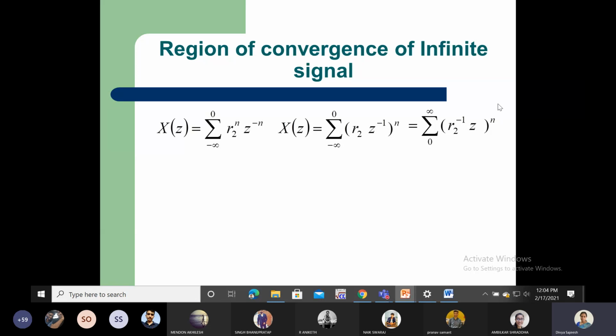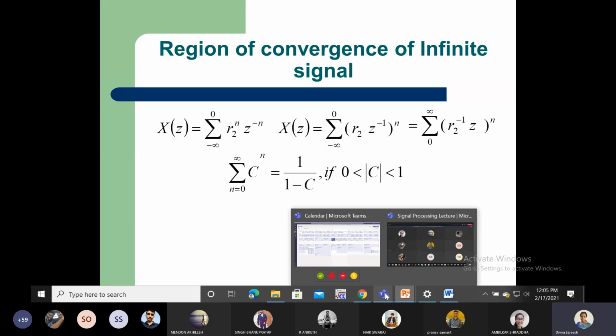So why am I changing it? To apply the geometric sum series formula. For that purpose I am changing the limits from minus infinity to 0, to 0 to infinity. So you can observe the changes happening for the terms inside. If I apply the formula, summation n equal to 0 to infinity c raised to n can be written as 1 upon 1 minus c.